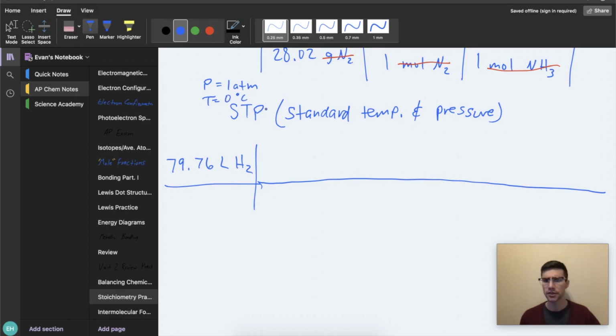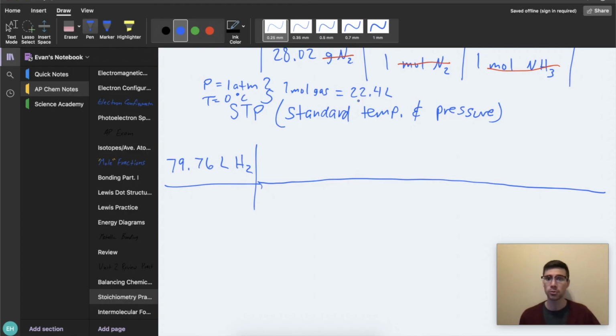We'll talk more about this in class, but the only thing you need to know is that at STP, 1 mole of gas, and it doesn't matter what it is, it could be hydrogen gas, nitrogen gas, oxygen gas, or chlorine gas, 1 mole of gas equals 22.4 liters. And what that really means is at standard temperature and pressure, at 1 atmosphere and 0 degrees Celsius, 1 mole of gas takes up 22.4 liters of space.